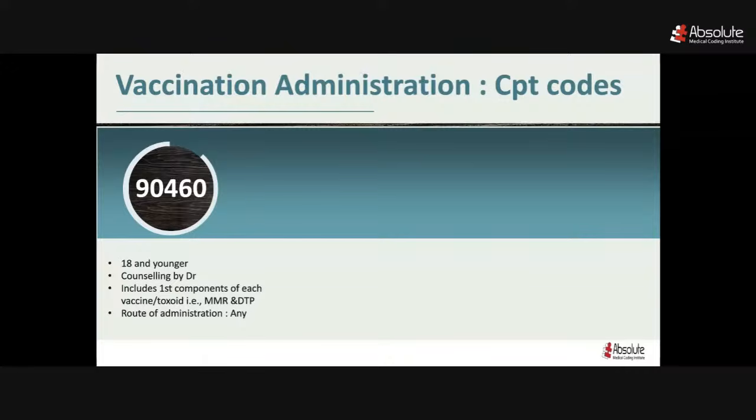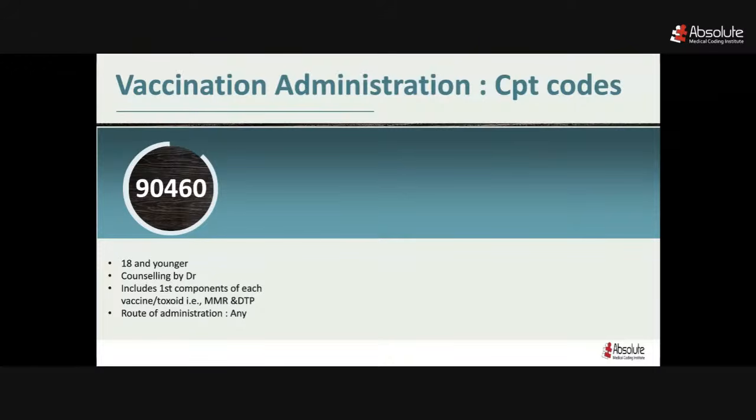So 90460 codes for the first component of each vaccine. Here there are two vaccines, and 90460 codes for measles and diphtheria. They are the first components of these two vaccines, right? And for route of administration, it can be used through any route of administration.